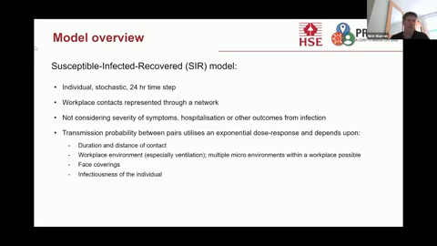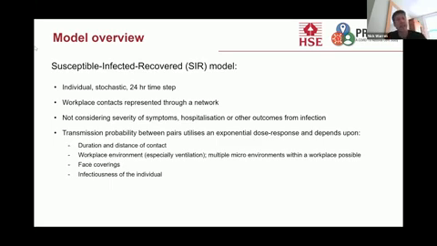But we don't consider the severity of symptoms or hospitalization or other outcomes. So we've reduced the scale back to just consider infection and transmission, and to just a workforce rather than the whole of society.